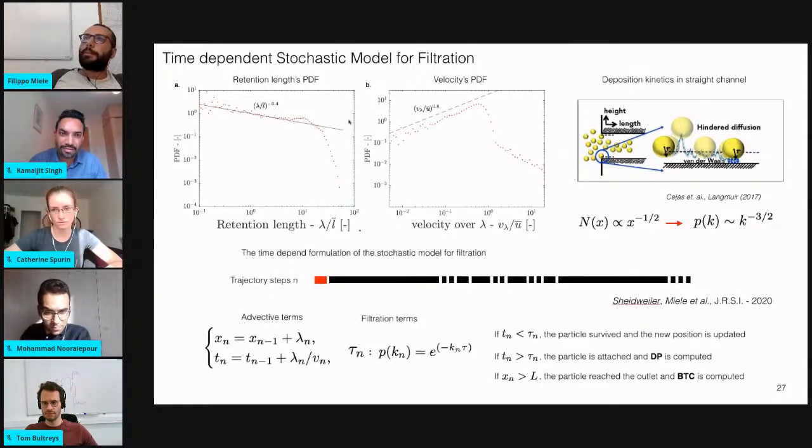Now that we built our PDFs, we are able to run our stochastic model.